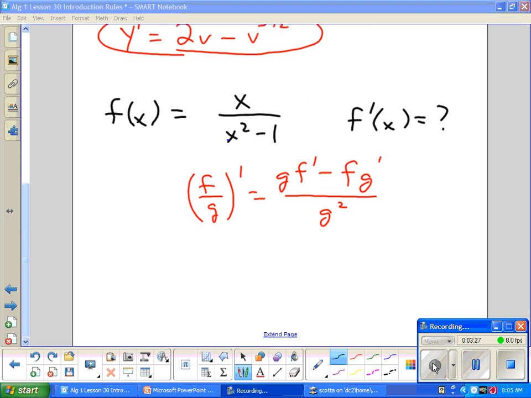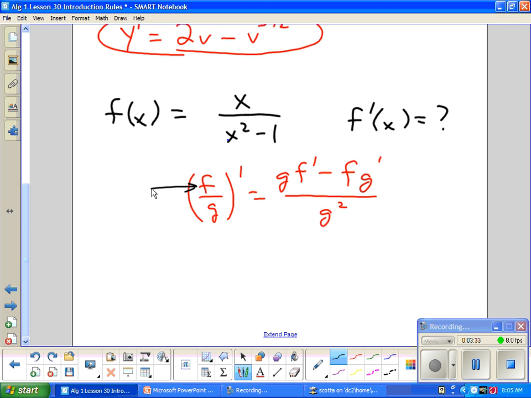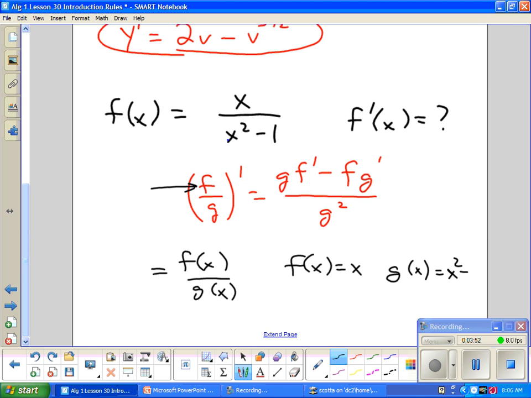If I look at this function, remember, this red f here is not the same f as here. So I have a function, but I want to think of this as f of x over g of x. So in this case, f of x is x, and g of x is x squared minus 1.